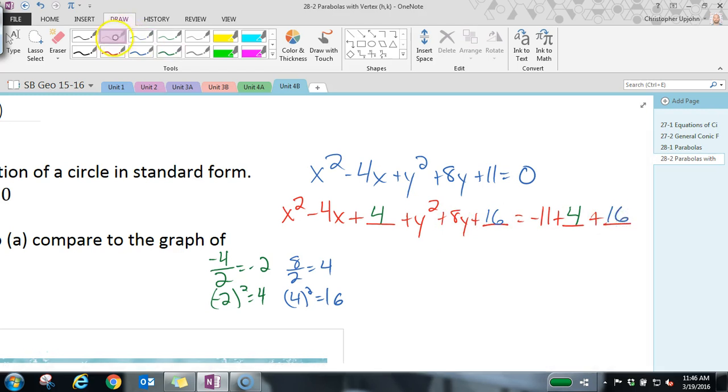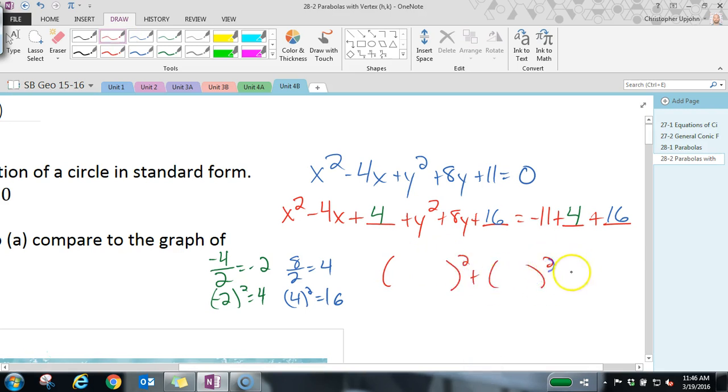Now, I need to clean this up, write my equation, put it in standard form, which is what we're supposed to do. If I look at the right side, negative 11 plus 4 plus 16 is 9. Here I have x, and it's always going to be this number, whatever we cut in half. So negative 2. Again, we can always check it: negative 2 times 2 is negative 4 up here, and negative 2 squared is positive 4.